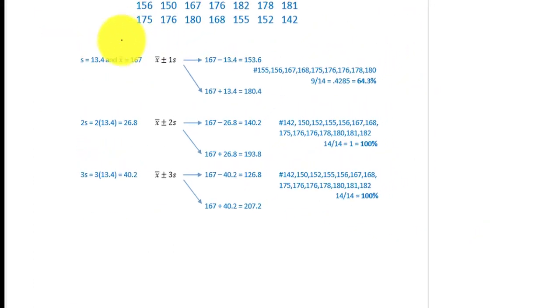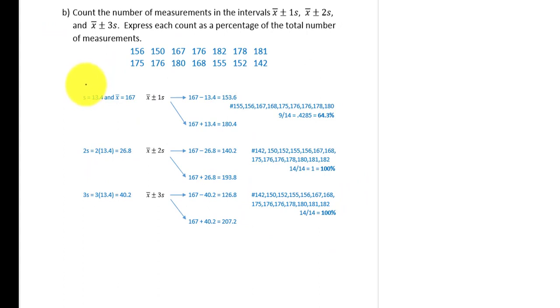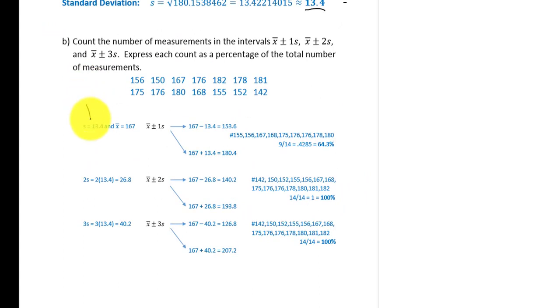We have the data set written again, and just as a reminder, the standard deviation, 13.4, the mean is 167. So to be within 1 standard deviation of the mean, below the mean I am subtracting the standard deviation. Above the mean I'm adding 1 standard deviation.